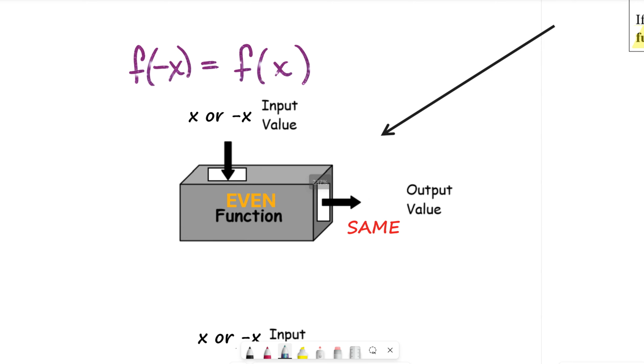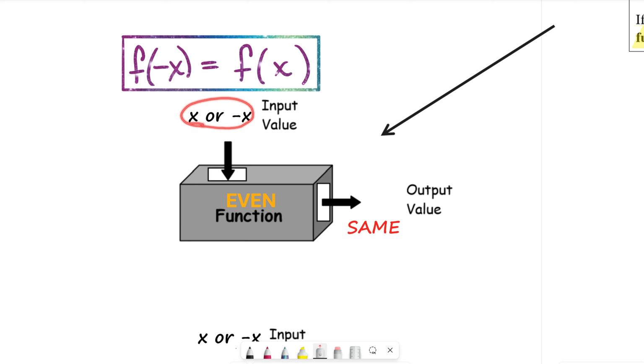The first equation, for even, was this, and here's the visual that I'm trying to get you to understand. Let us pretend that you have to choose two numbers to put into this function box. What I need you to understand and recognize is that one has to be a positive and one has to be a negative. That's what x stands for.